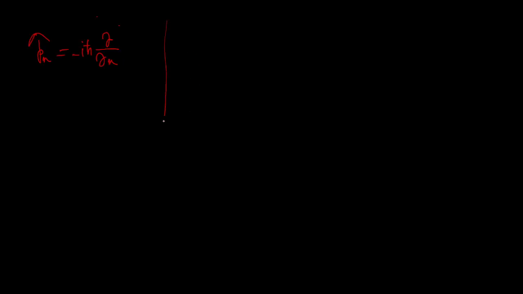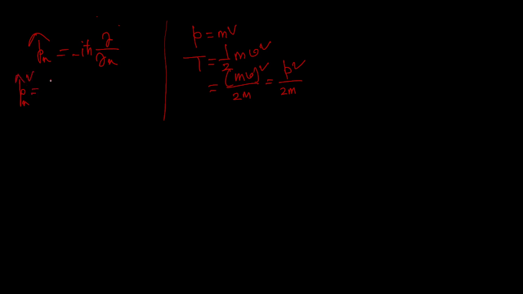Classically, p is equal to mv, where the kinetic energy T is half mv square. So if I take it as p square by 2m, then to get p square we have to take p x into p x.